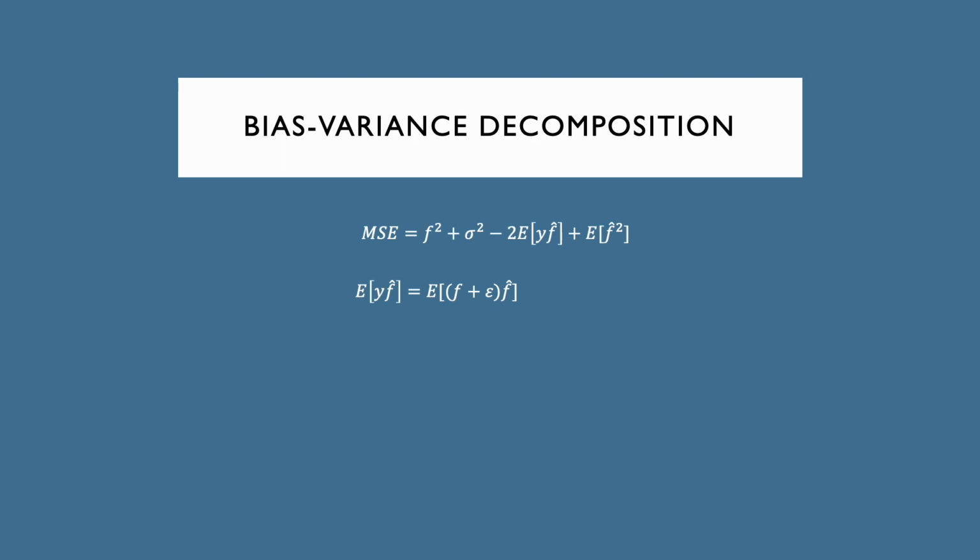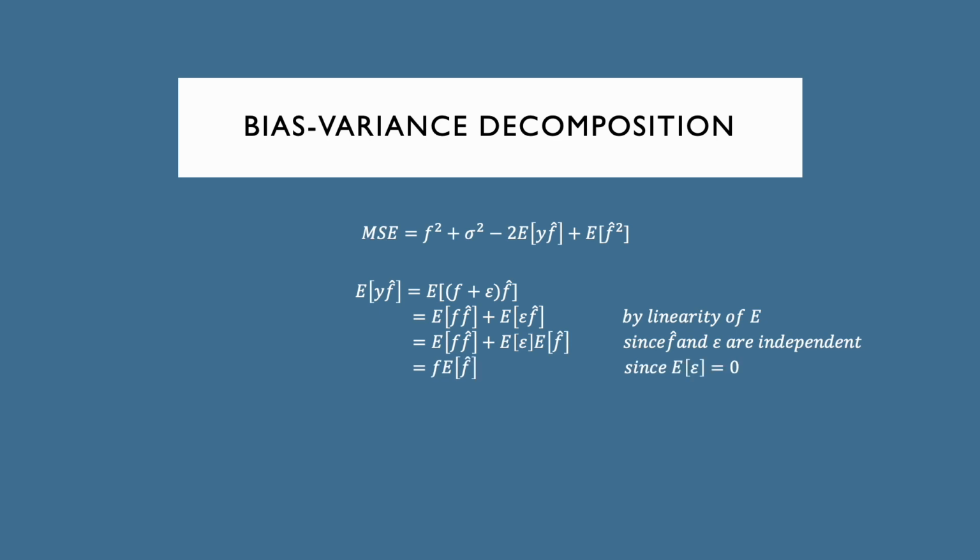Now let's pick the third term, which is the expected value of y times f hat. y, as we have previously mentioned, is f plus the noise. And again, following the linearity property, this is what we can break it into. And since f hat and the noise are independent variables, we can break that multiplication into the expected value of noise times the expected value of f hat.